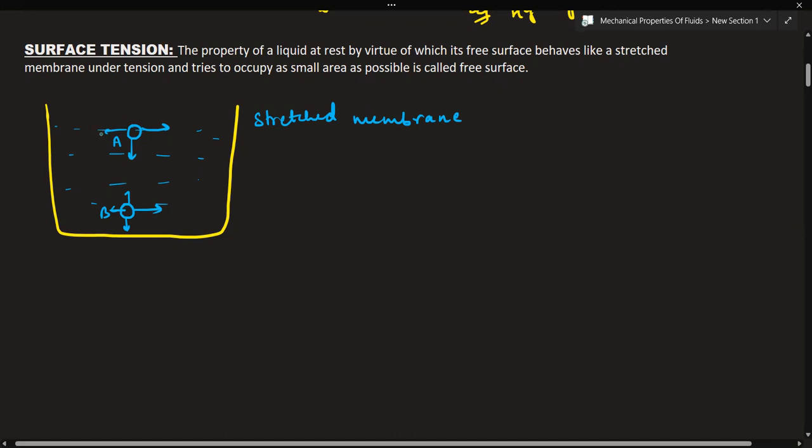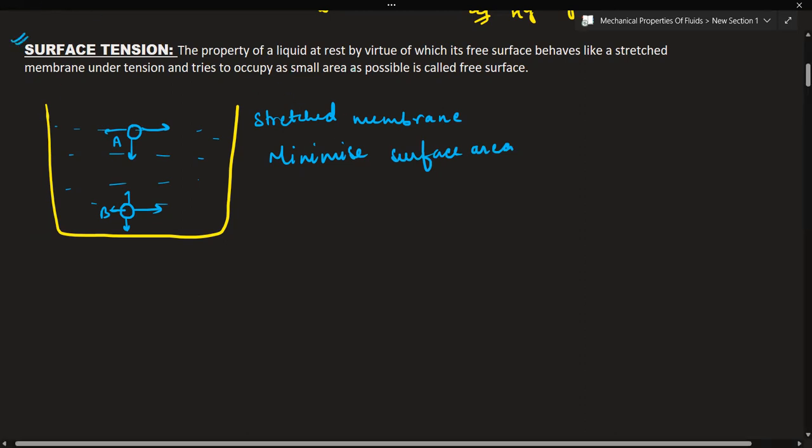So the attractive intermolecular forces on the surface of the liquid tend to compress the liquid. That is, you can say the liquid tries to minimize its surface area. So this effect is what is known as surface tension.